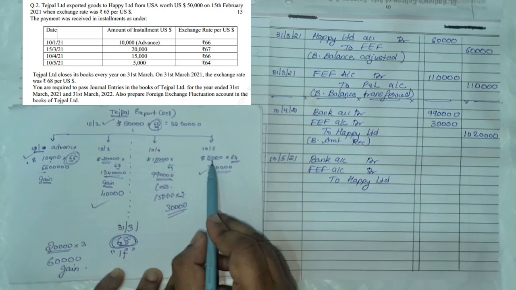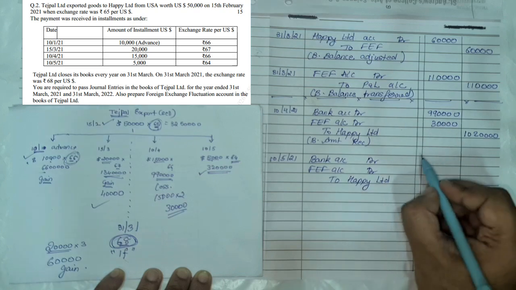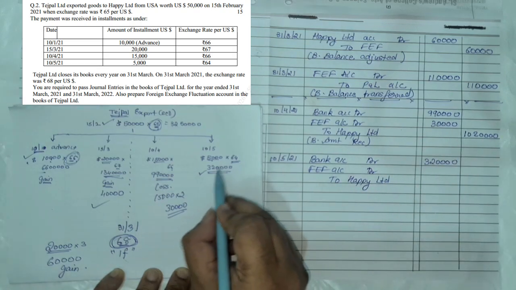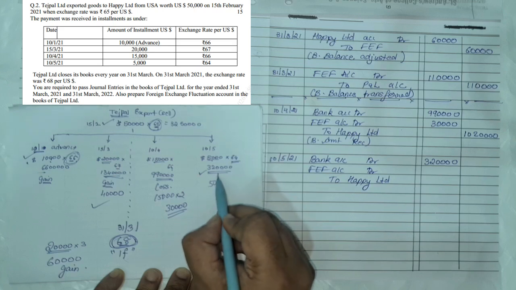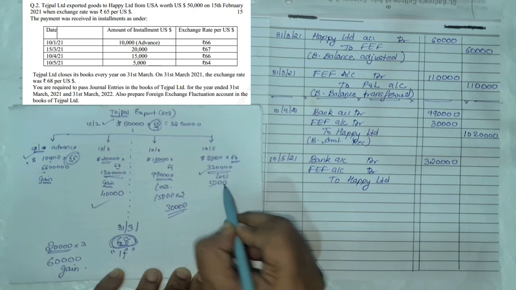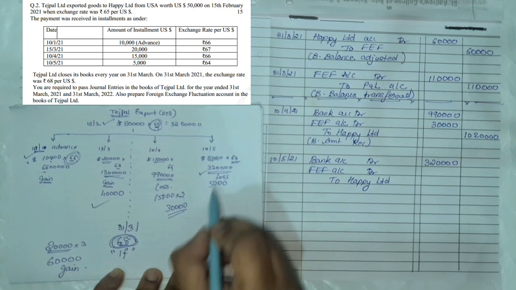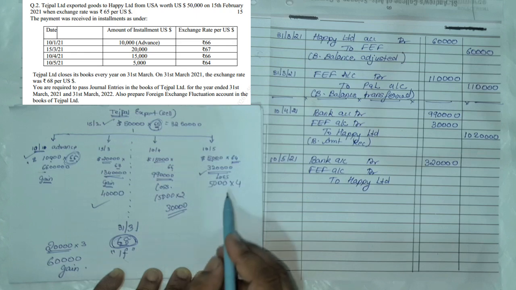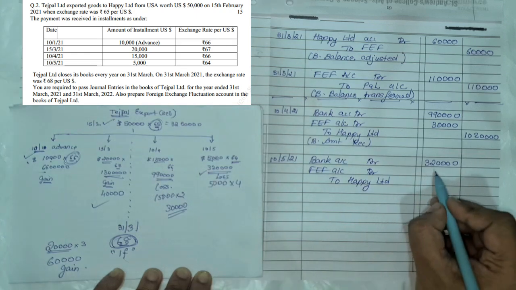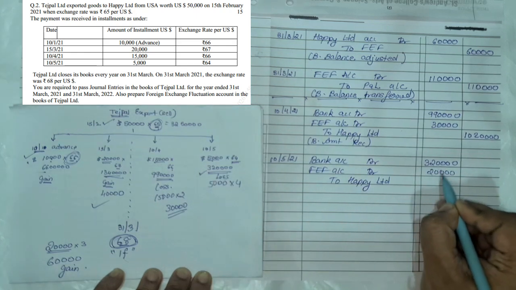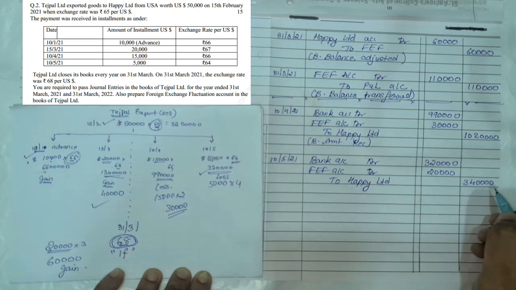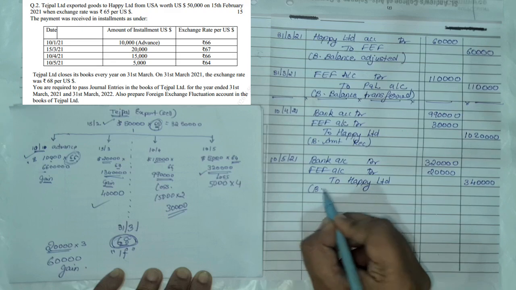Bank account is 5,000 into 64, which is 3,20,000. FEF again 5,000, so it's again going to be a loss, 5,000 into 4 rupees, so that comes to 20,000. So 3,20,000 plus 20,000 is 3,40,000. Being amount received.